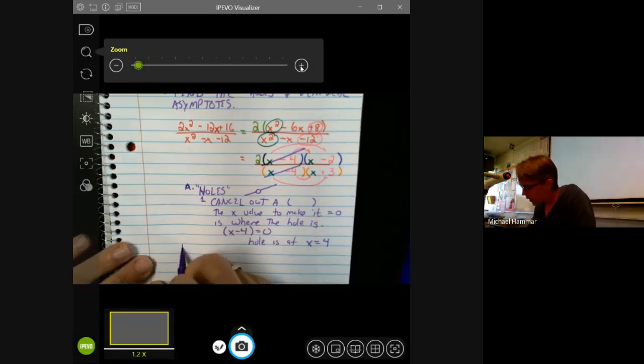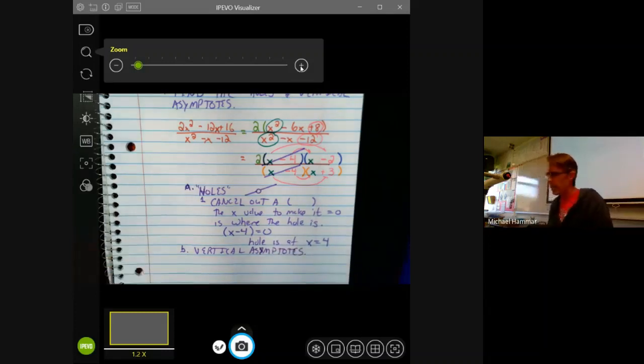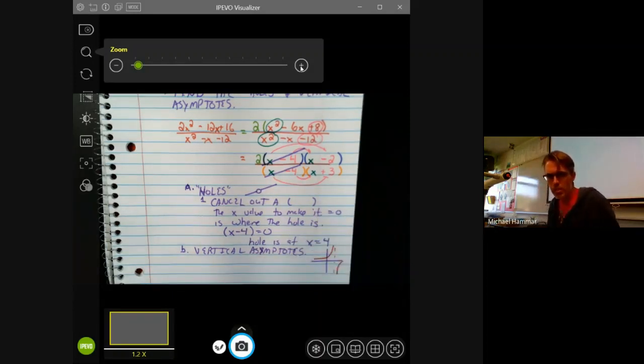Now, the second thing is, where are the vertical asymptotes? Now remember, vertical asymptotes on a graph are places where on one side the graph might go up, and then on the other side the graph will go down, and there are these spaces where nothing exists.